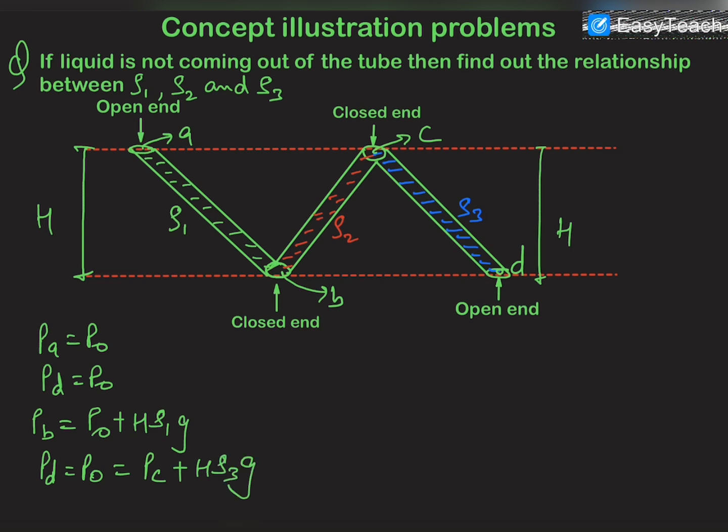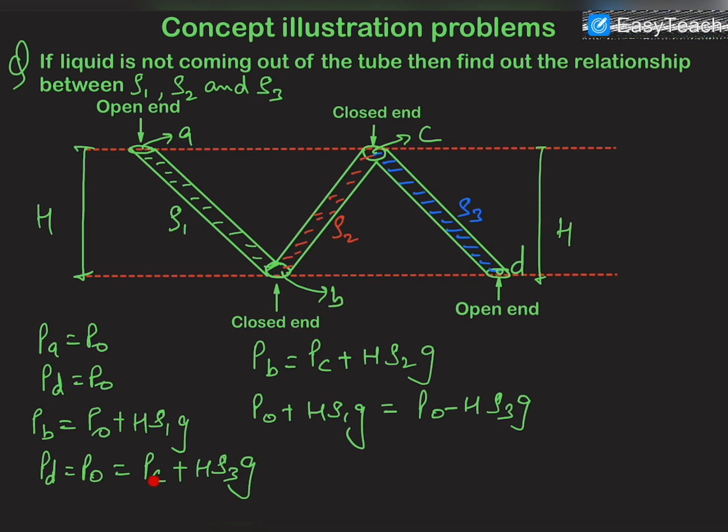Now to establish the relationship between C and B, we know that point B is just below point C. So pressure at B will be equal to pressure at C plus h rho 2 g. Now pressure at B is P naught plus h rho 1 g, and pressure at C is P naught minus h rho 3 g, which you can extract from the previous equation.